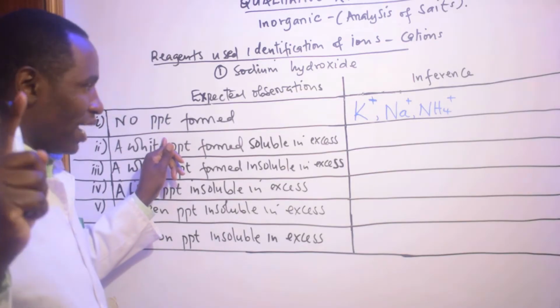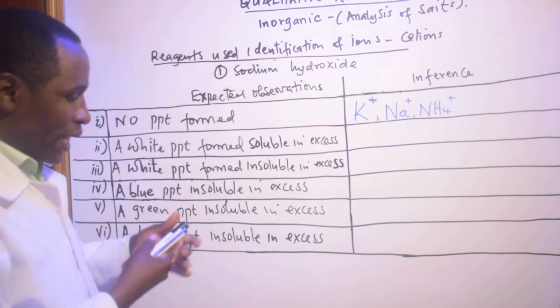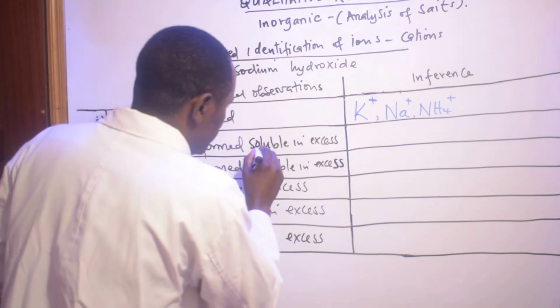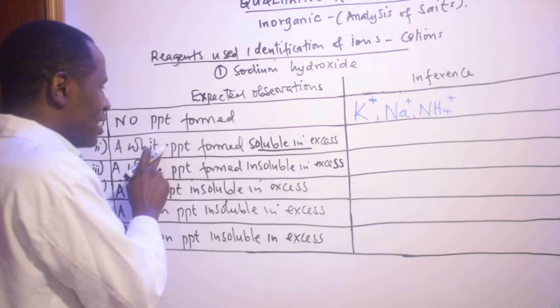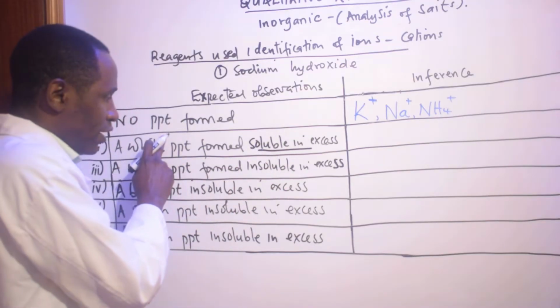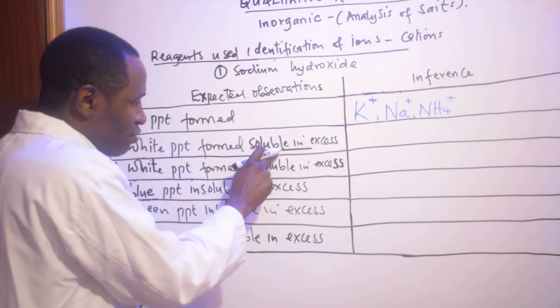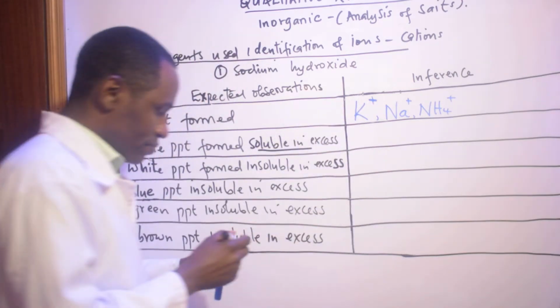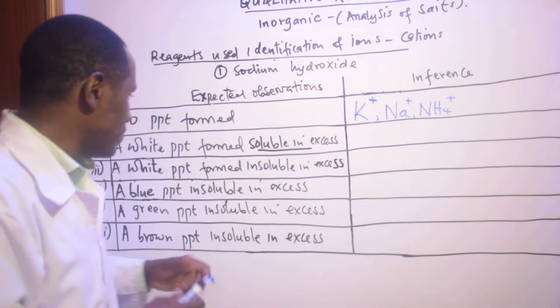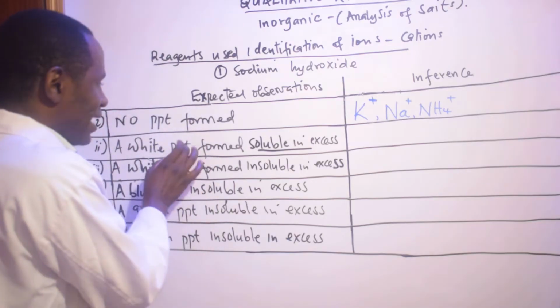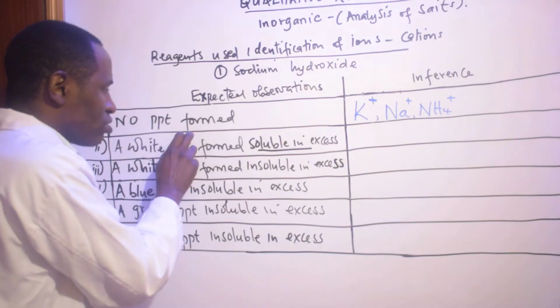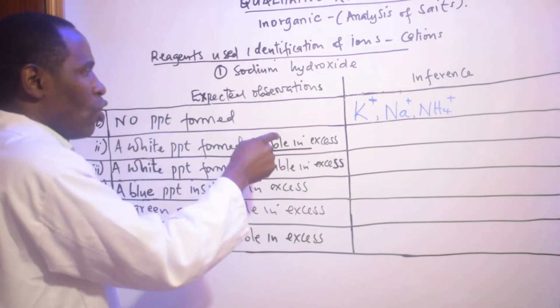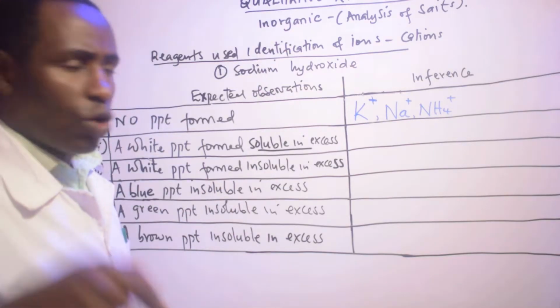Soluble in excess means that the white precipitate formed is dissolving in excess. What does this imply? That an insoluble hydroxide is formed, and this insoluble hydroxide is further reacting with the excess sodium hydroxide.